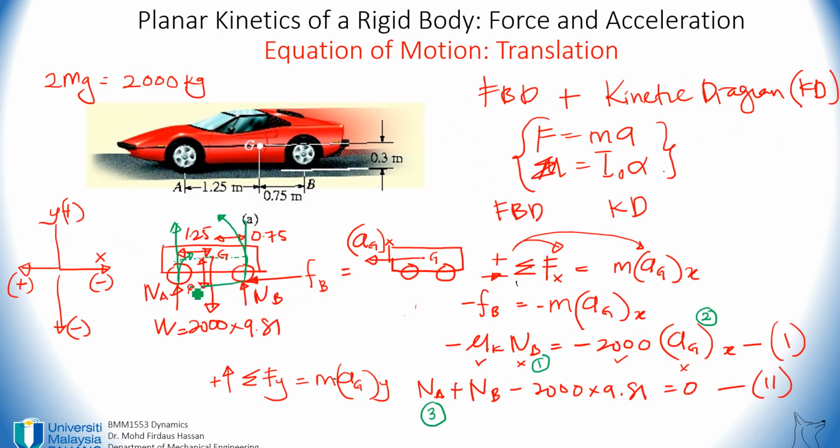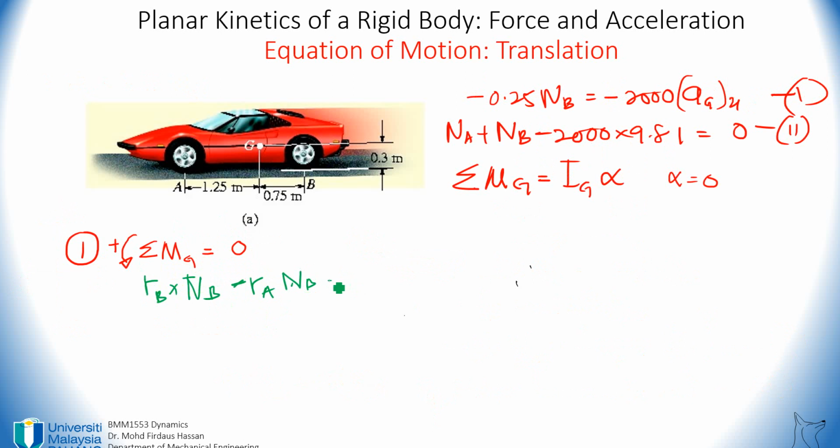Because you are referring to point G, FB will create a clockwise moment, so this one is negative, and the distance is 0.3. So minus R times FB is equal to 0.